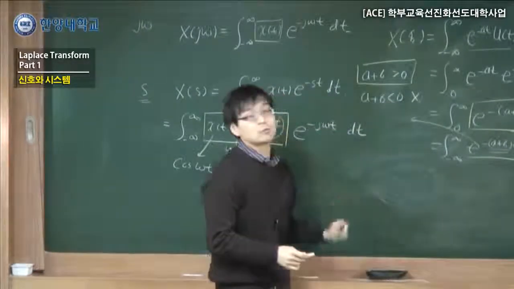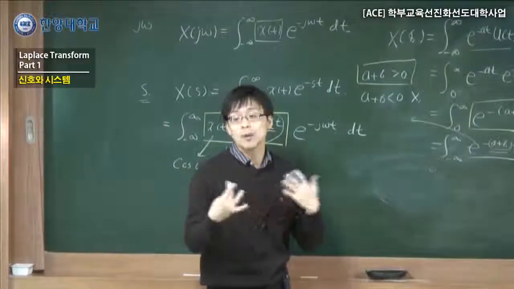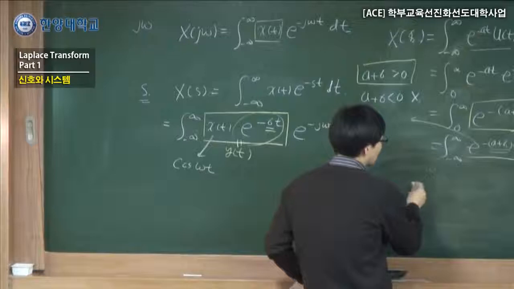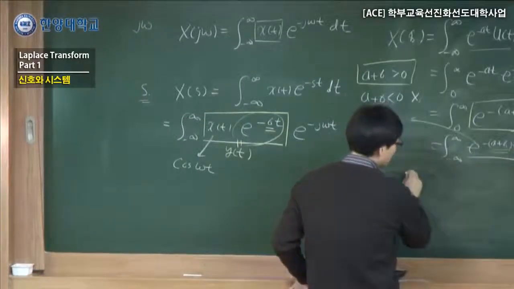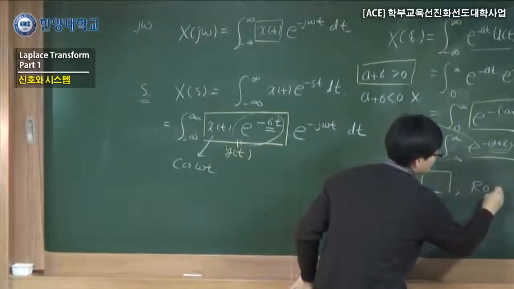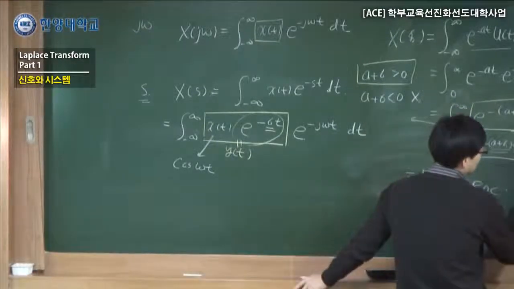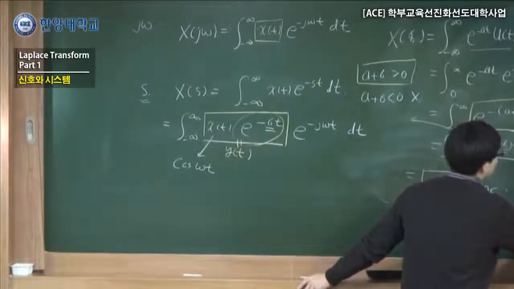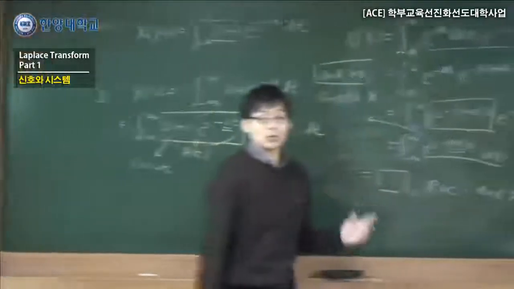If you want to draw this, if you want to make a picture, how can we do that? Let me rewrite this one. You can do the Fourier transform as a result of the Fourier transform, comma. The region of convergence is A plus delta is positive. That's what we will write.